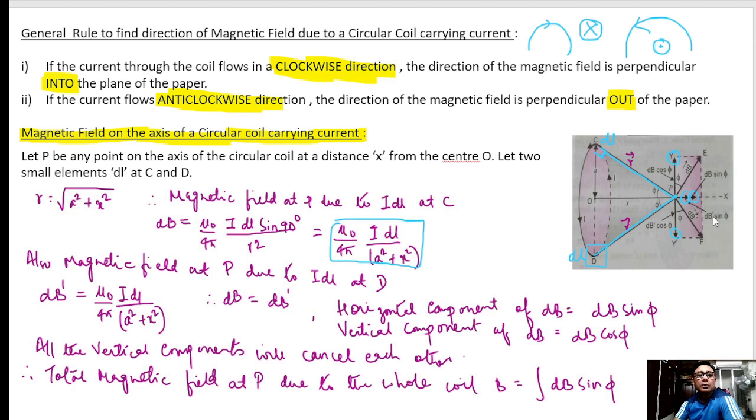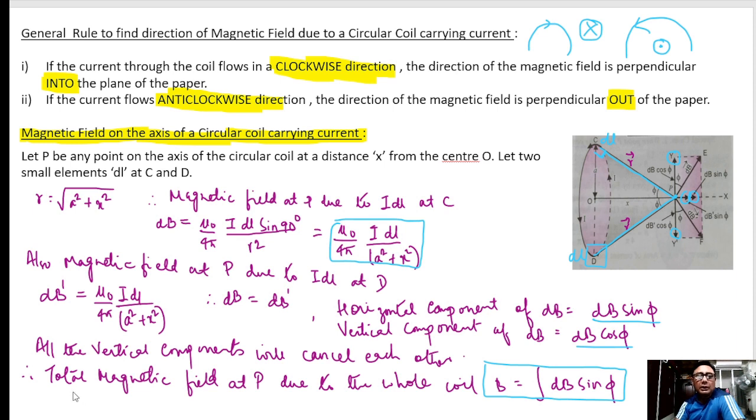So as we are seeing, the horizontal components are dB sin phi and the vertical components are dB cos phi. The magnetic field due to the opposite elements at P will be the sum of only the dB sin phi, because all dB cos phi will cancel out. Only the dB sin phi will get added.